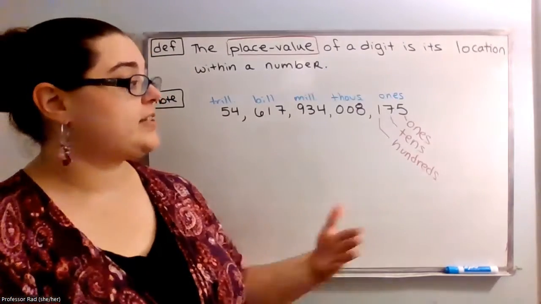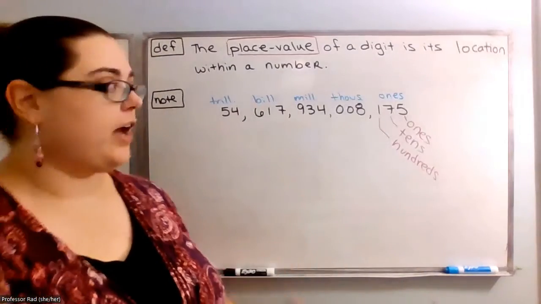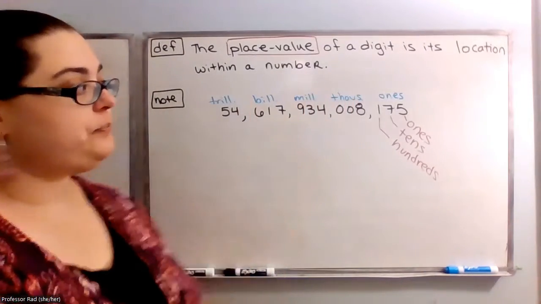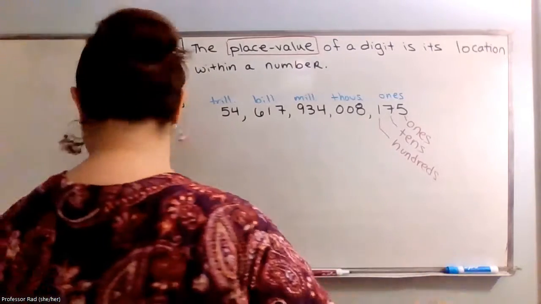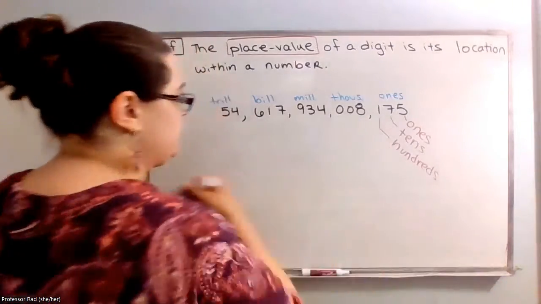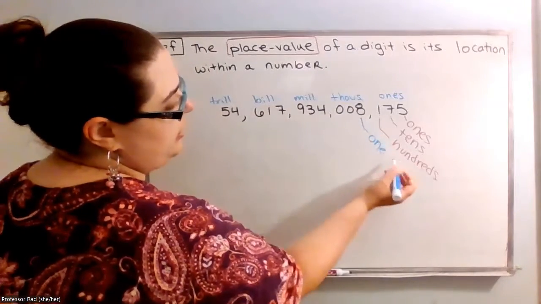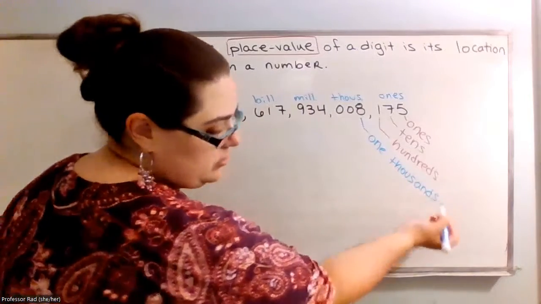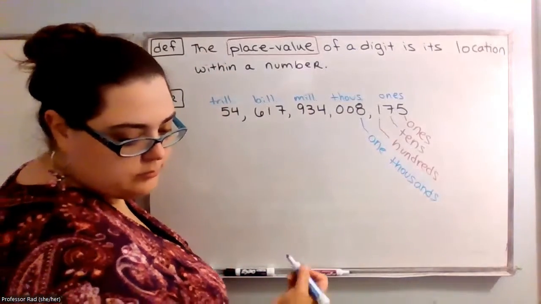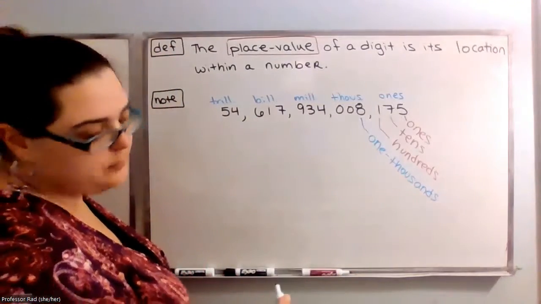We've got ones, tens, and hundreds, and we're going to repeat that. But now we're going to follow that with the period name. So this 8, for example, let me use a different color just so it stands out better. This 8 is in the 1,000s place, and I think I'll hyphenate that. So we've got 1,000s.